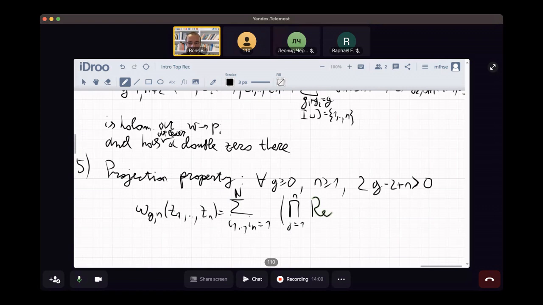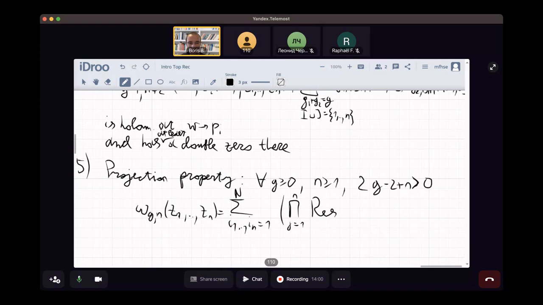So these meromorphic functions which we have, these omega g,n's, global meromorphic functions, symmetric rational expressions in terms of z1, ..., zn, may have a denominator, and this projection property means that the only poles which omega g,n may have are these zeros of dx.